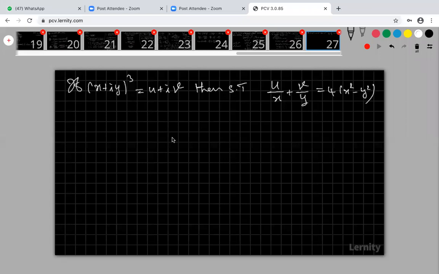What is the answer for this? (x plus iy) the whole power 3 is equal to u plus iv. Then show that u by x plus v by y is equal to 4 times of x square minus y square. What is actually x plus iy the whole cube?